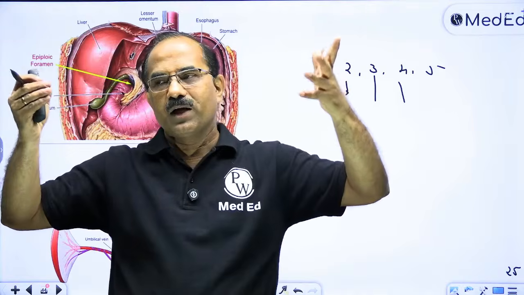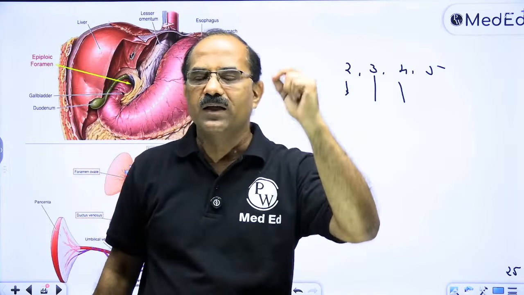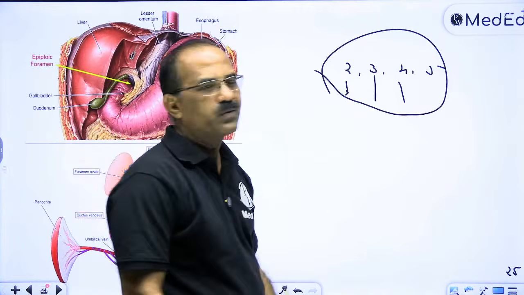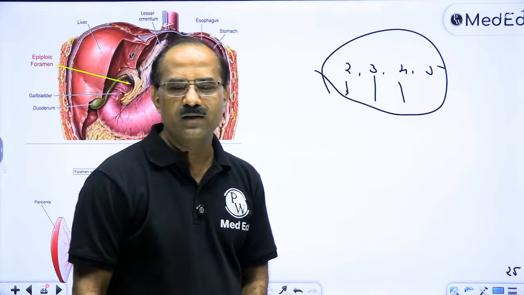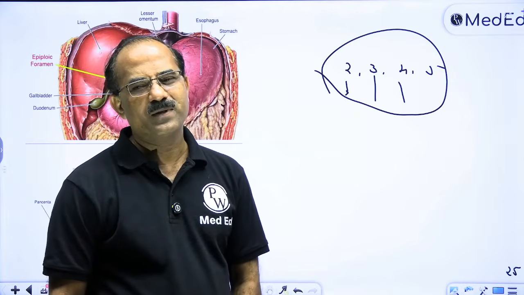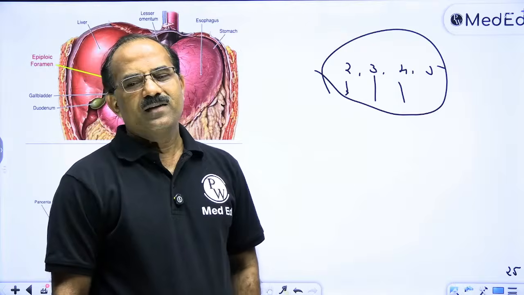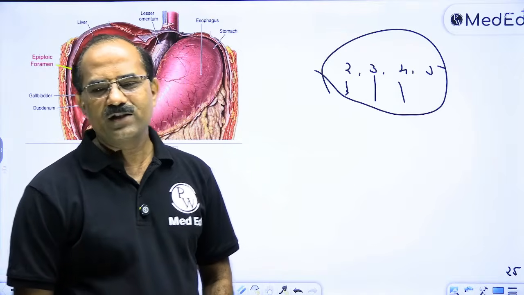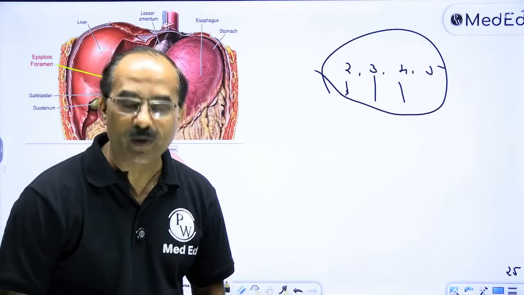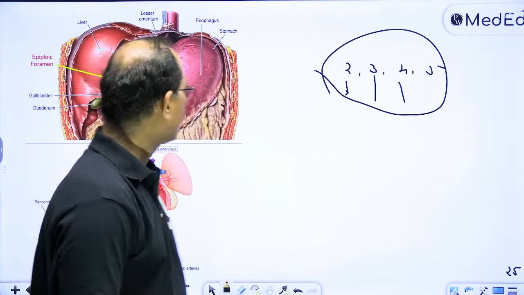That's a mnemonic. The testicular artery is not a branch of the anterior division of the internal iliac. It is a branch of the abdominal aorta. Remember this.